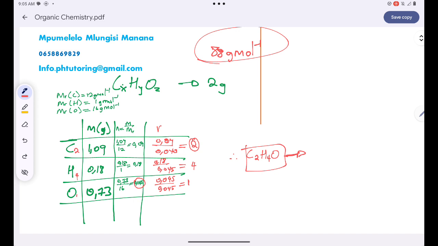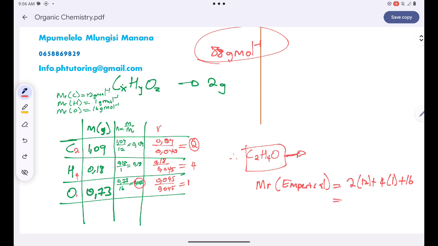Let me find the relative atomic mass of the empirical formula. How many carbons do I have? I have 2, and the mass number for carbon is 12. How many hydrogens do I have? I have 4, and the atomic mass is 1. And then I have 16.